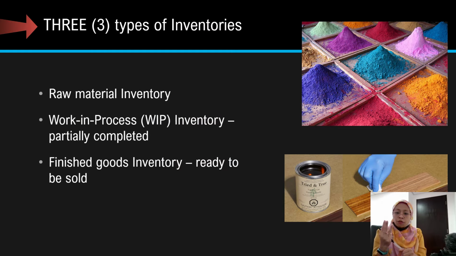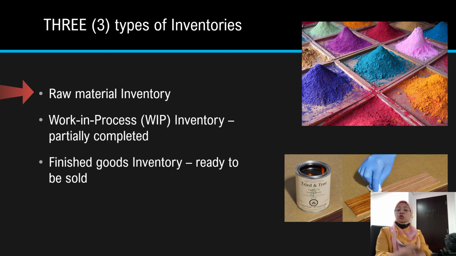There are 3 types of inventories that you have to know. Number 1, raw material inventory. Raw material inventory is material that has not yet been processed to become finished goods. The original form is stored in a warehouse nearby the production factory. I give you one example.